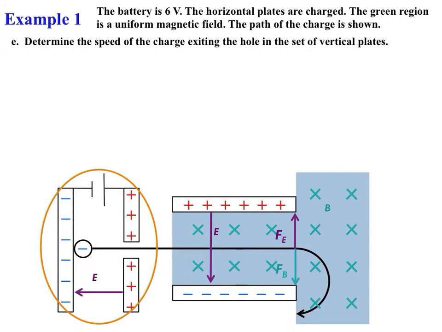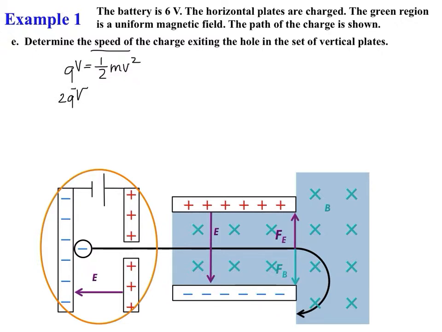So now I can do the math that goes with all of it. First off, we're asked to determine the speed of the charge exiting the hole in the vertical plates. Again, we've seen this before when we did electrostatics. The speed.